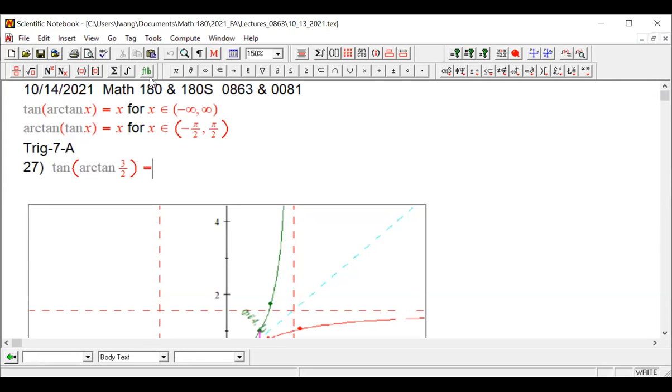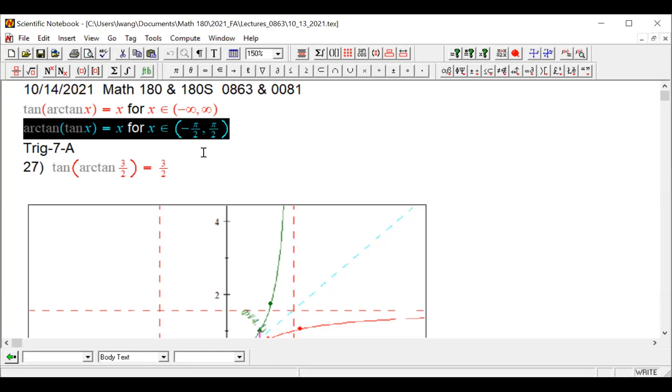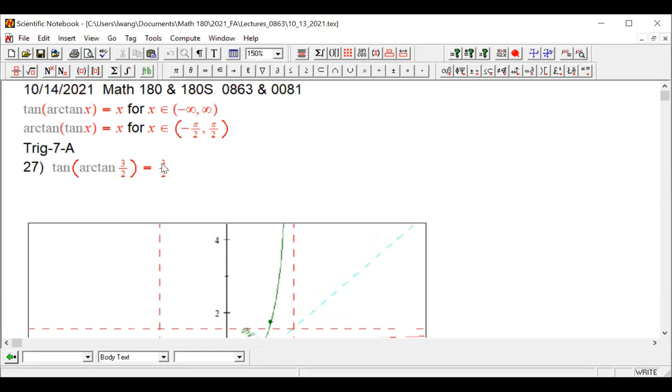What would that be equal to? According to this property, it just equals 3/2, because 3/2 is one of the real numbers. This property works for all real numbers, so it works here. But the other one is conditional.